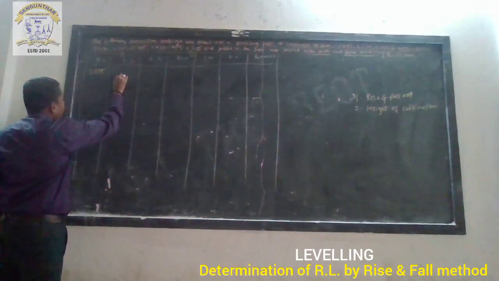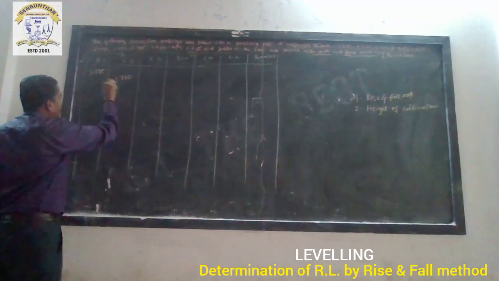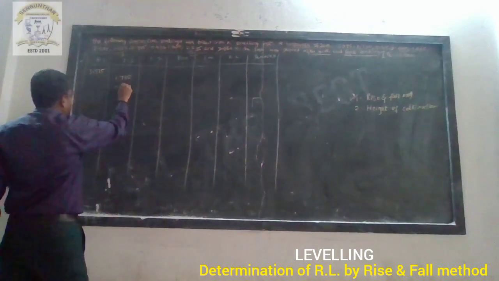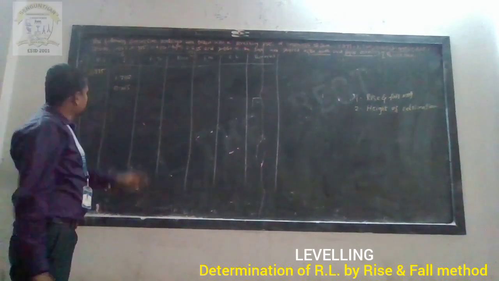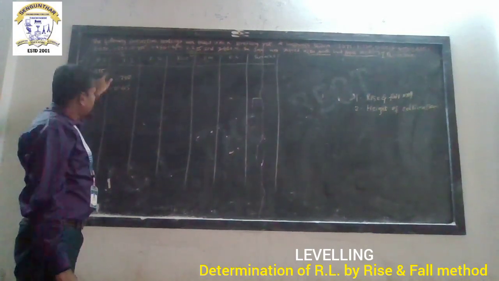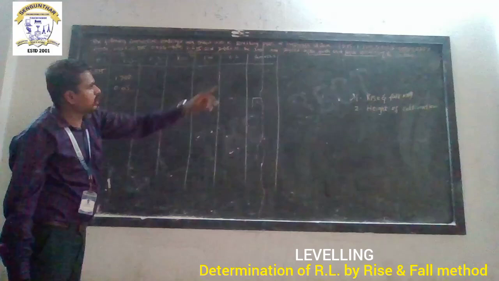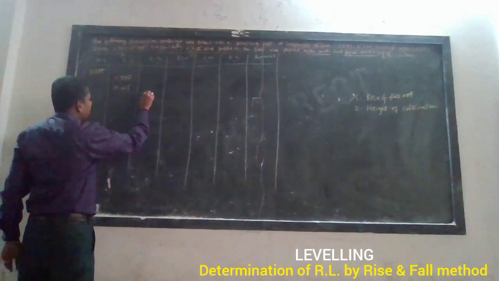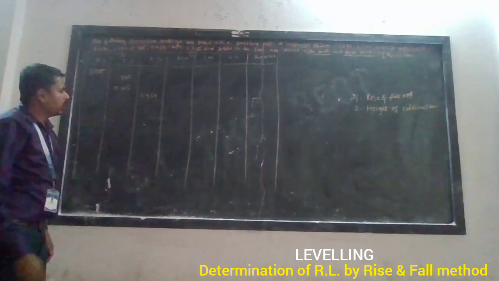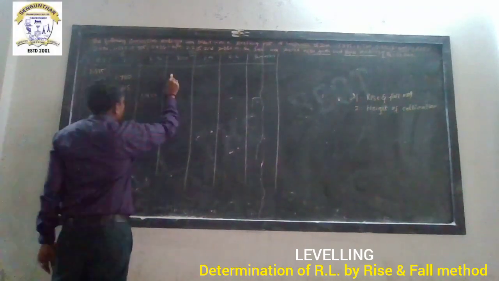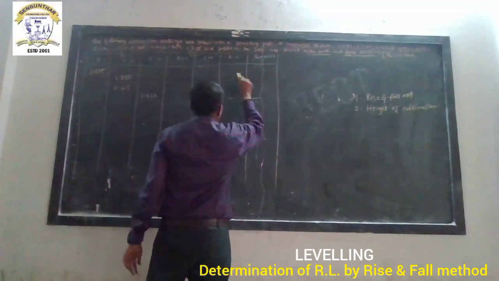They are 1.730 and another one is 0.615. So in the first set there are 4 readings. The first reading is noted in the back sight, the second and third readings are noted in the intermediate sight, and the final reading, 3.450, is entered in the foresight. Is it clear? Right. So I will enter it one row by one.